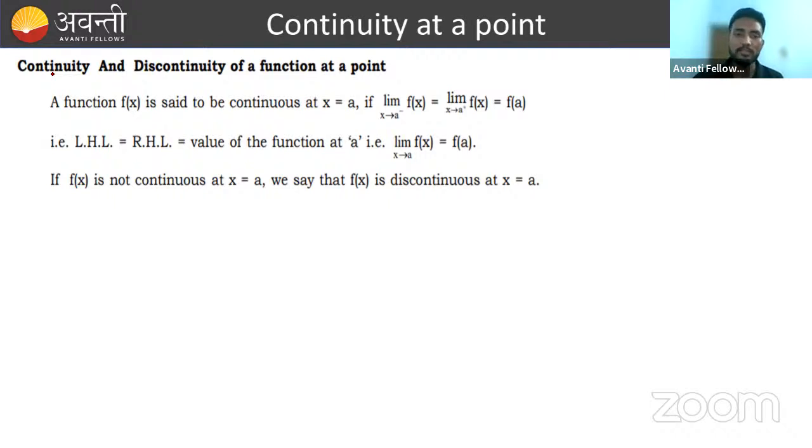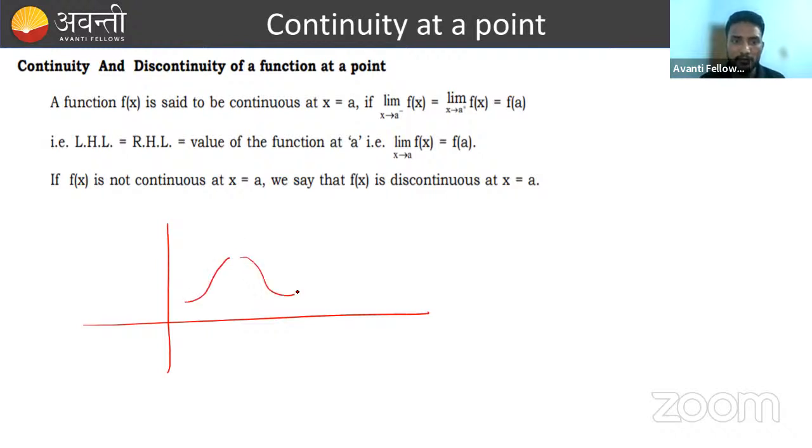Okay, I am just taking one simple example, like this, and there is a point C, and I have to find whether the function is continuous at point C or not. So we will not see that here there is a gap, there is also a gap, this is the point of discontinuity.